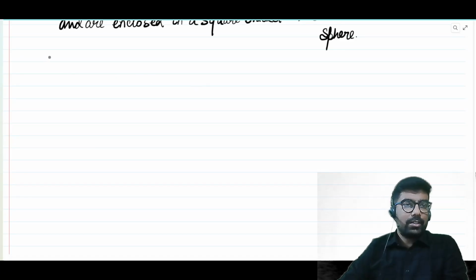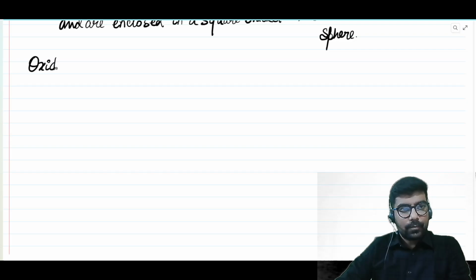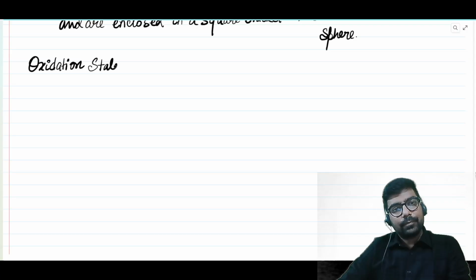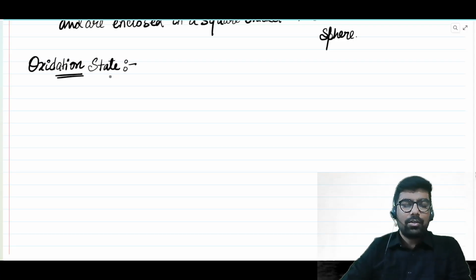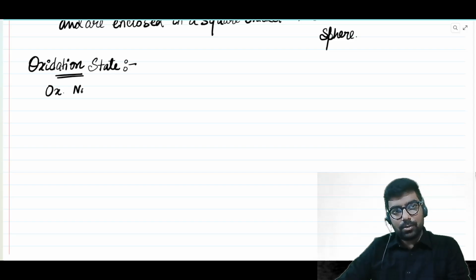Next one is the oxidation state, or we can call it the oxidation number also.